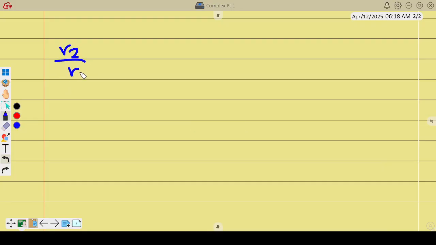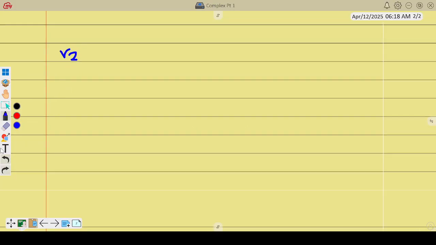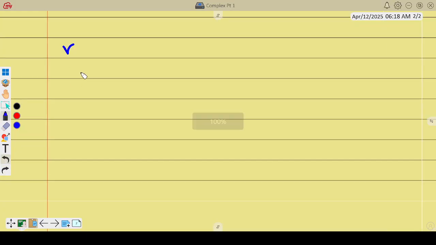So we have R1 over R2, which is equal to R1 over R2, and then we're going to have cos of theta 1 minus theta 2.